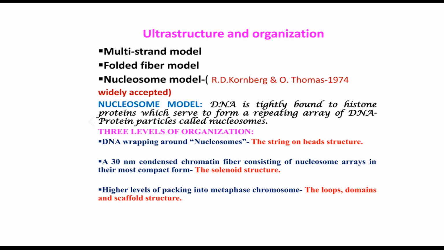The three levels of organization include DNA wrapping around nucleosomes, the string on beads structure; a 30 nm condensed chromatin fiber consisting of nucleosome arrays in their most compact form, that is solenoid structure; and higher levels of packing into the metaphase chromosome. It includes the loops, domains, and scaffold structure.